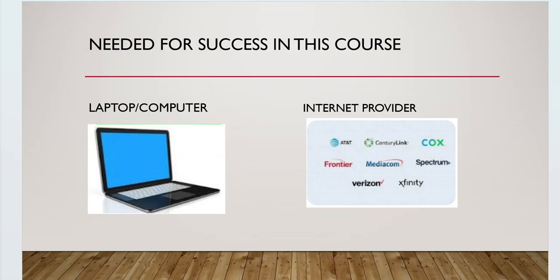The requirements for a checkout of a laptop for summer is at least a 2.0 GPA. And that'll help you in case something happens. Or you can use one of the 40 plus computers that are available on the third floor of the LTC building. You'll also need an internet provider.